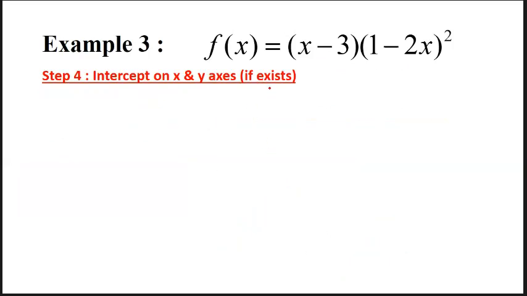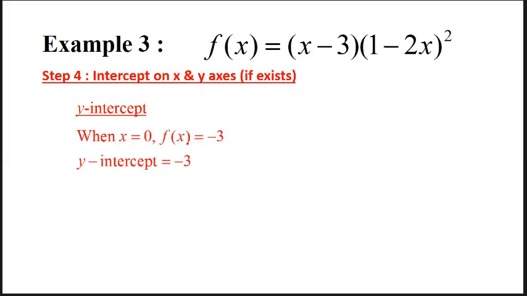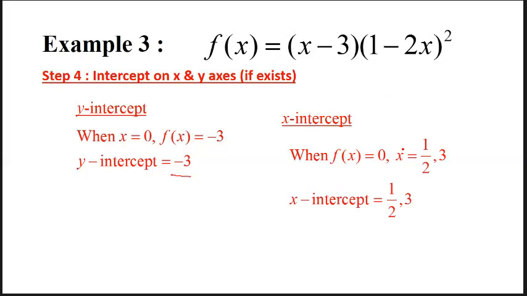Since we know the x and y-intercepts exist, we proceed with the calculation, where we find that the y-intercept, when x equals 0, we have f(x) equals -3, so the y-intercept is -3. Whereas for the x-intercept, when f(x) equals 0, we have x equals 1/2 and also 3. So the x-intercepts are at 1/2 and 3.